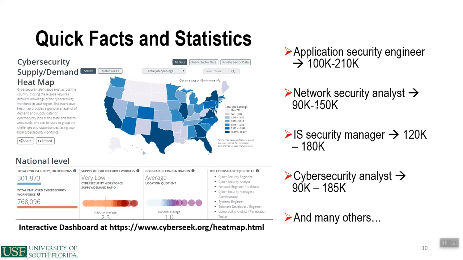Network security analyst from 90K to 150K, IS security manager, and also cybersecurity analyst are 2 of the jobs that you'll be specifically able to get after completing the entire Masters in Cybersecurity program that's offered at USF. And you can see that the salaries are extremely competitive, and there are many other jobs that are available within the field.